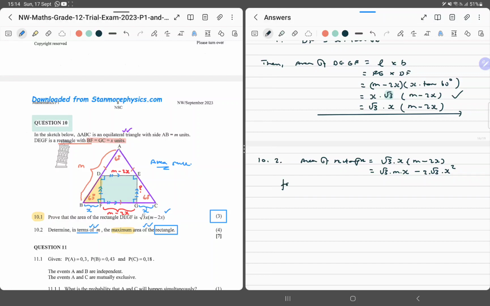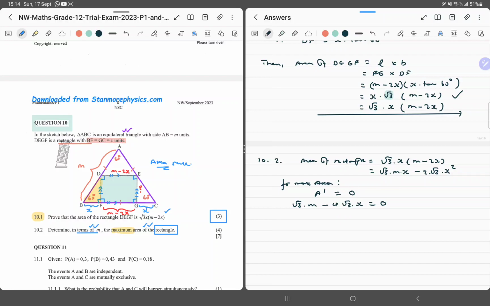Then we can say for maximum area, it is such that the area prime is equal to 0. Then when you take a derivative of this, it's going to be root 3 times m, x gets eliminated, minus this one becomes 4 root 3 times x is equal to 0. And then we solve for x.